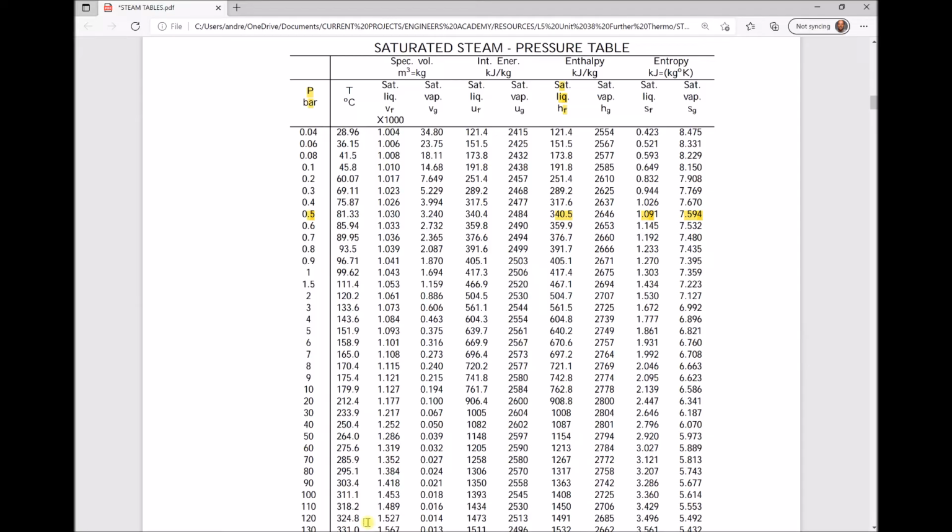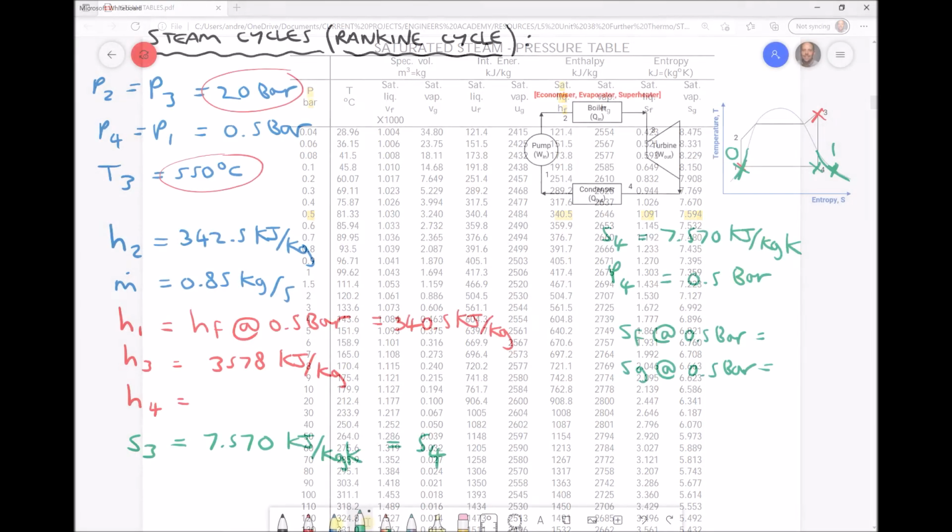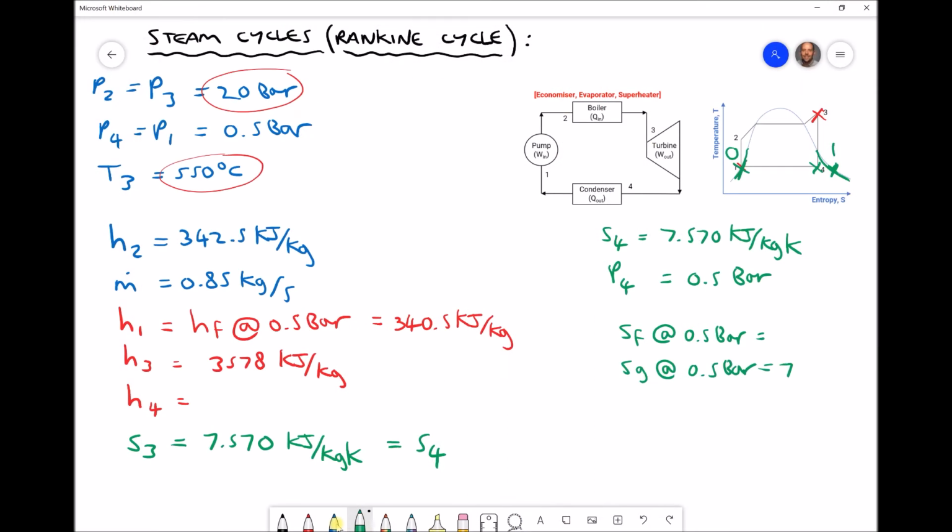SF then is 1.091, SG is 7.594. The units for both of those are kilojoules per kilogram Kelvin.